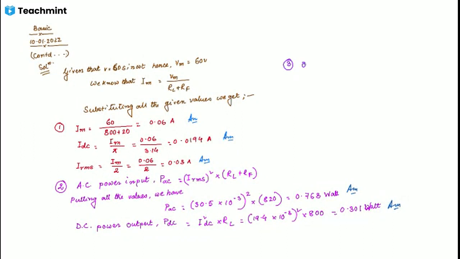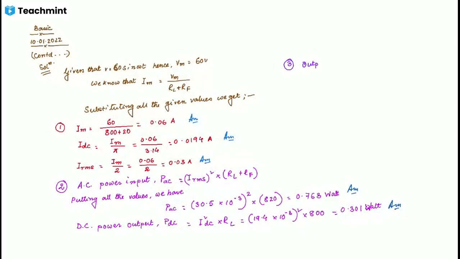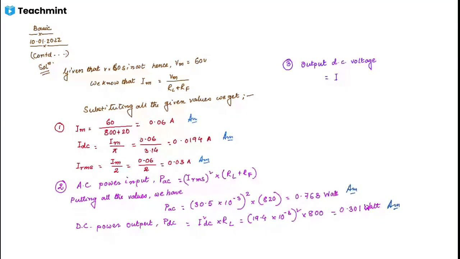Output DC voltage is equal to IDC into RL.